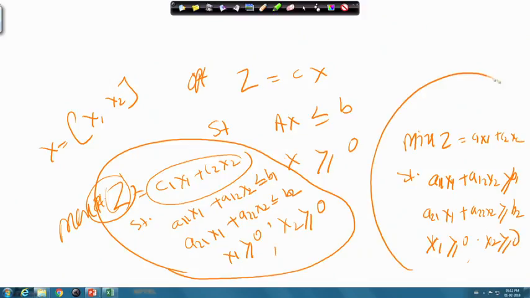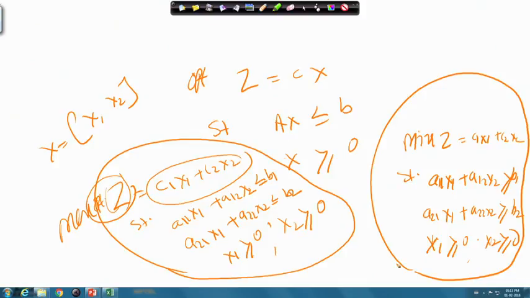So, this is the structure called the minimization structure. In the minimization structure, in the simplest way, the constraints should be greater than type, and for the maximization problem, where the objective function is maximization type, the constraints should be less than type.